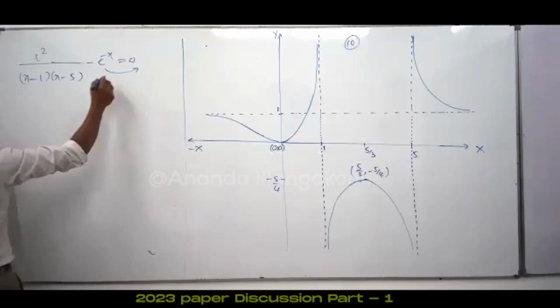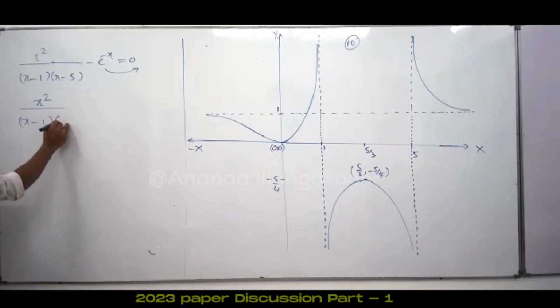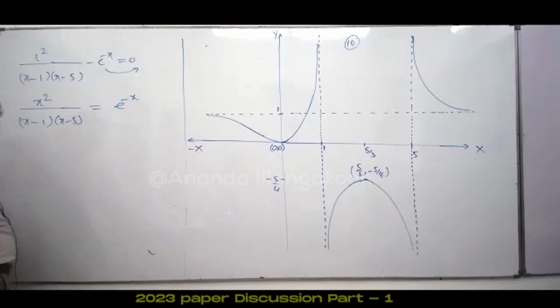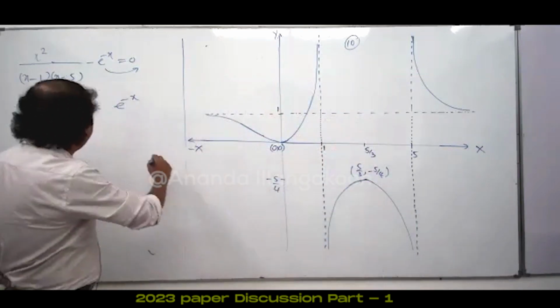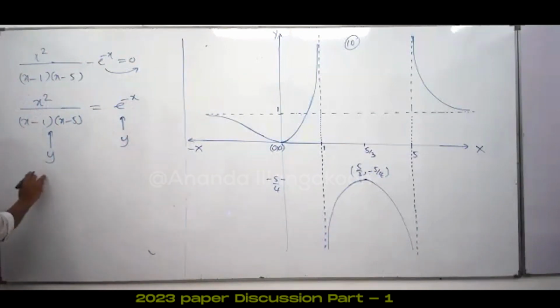Taking this to the other side, you can write the given equation like this. When you take this as y, it is this graph. When you take this as y, it is another graph. That graph we will draw is y equals e to power minus 6.